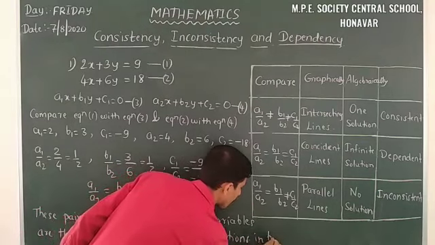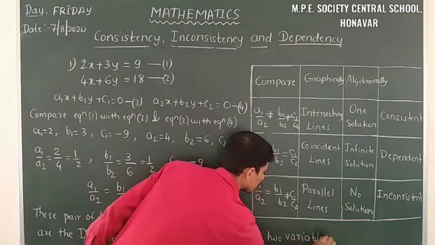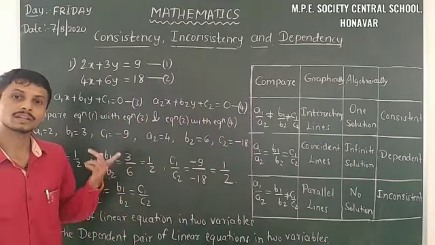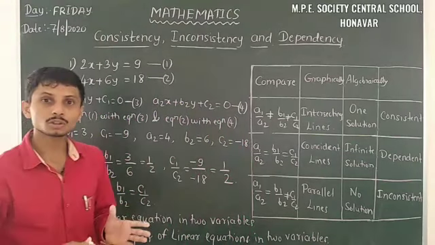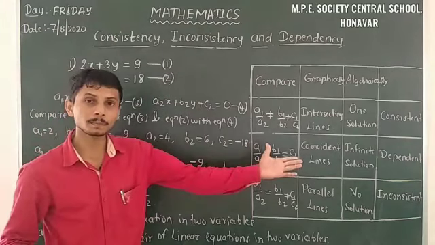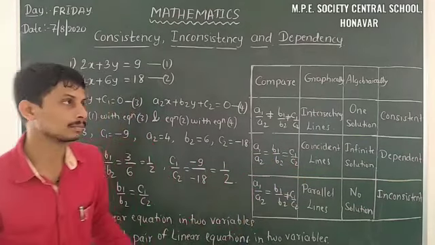Yes. So when the comparison of ratios of coefficients arises like this, it means it's a dependent pair of linear equations. So let us move on to the next problem.